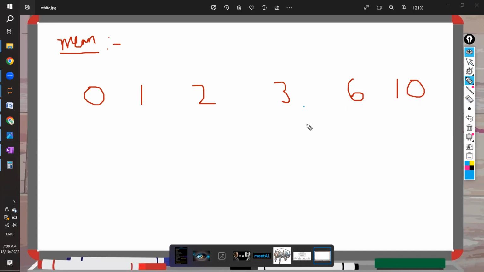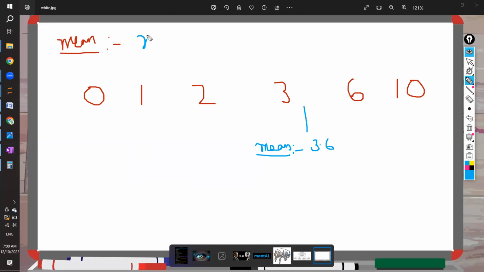Okay, so now the mean is somewhere here, 3.6. There are different ways you can denote the mean.